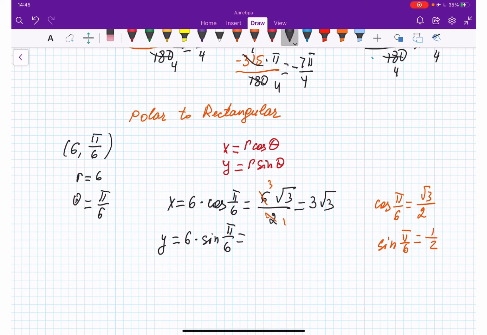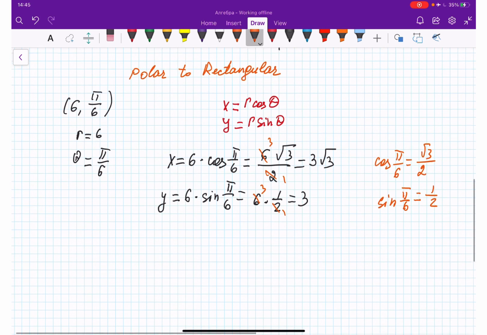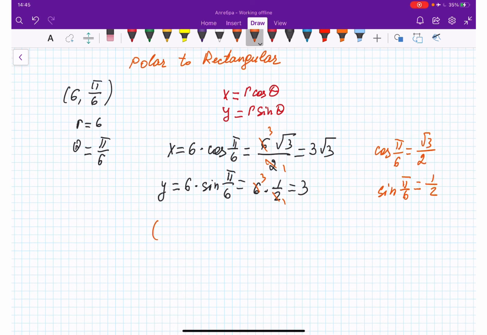So we have 6 times 1/2, and it's equal to 3. So practically we converted 6 and pi over 6 in the polar coordinate into rectangular coordinate, which is 3 square root 3, comma 3.